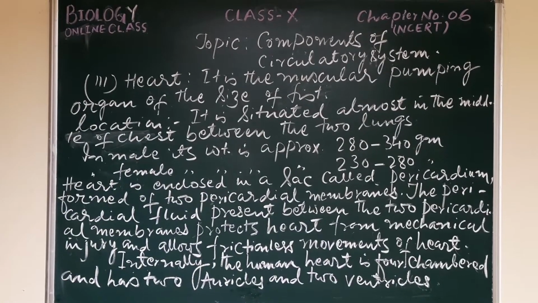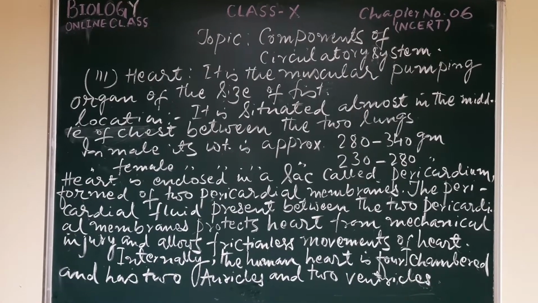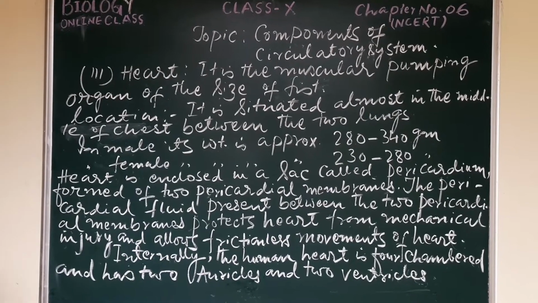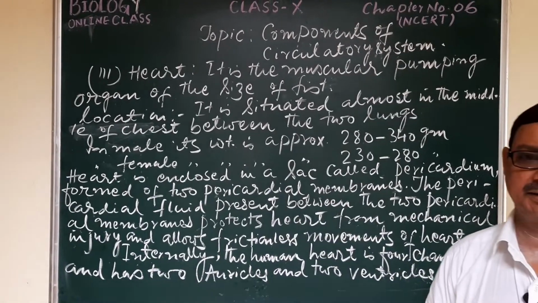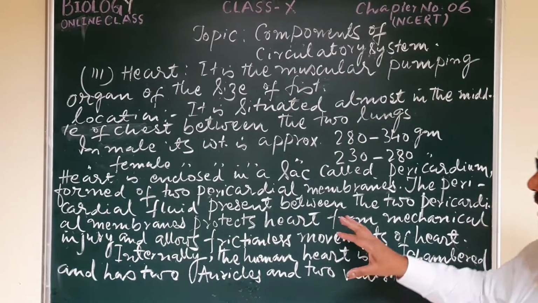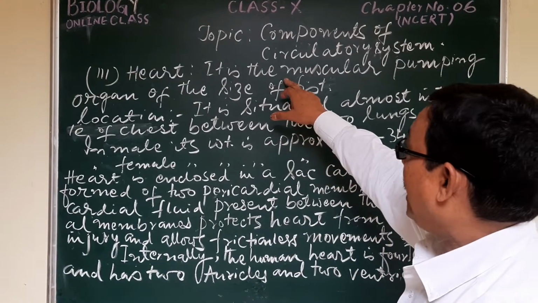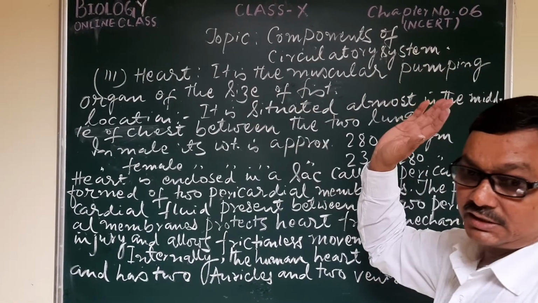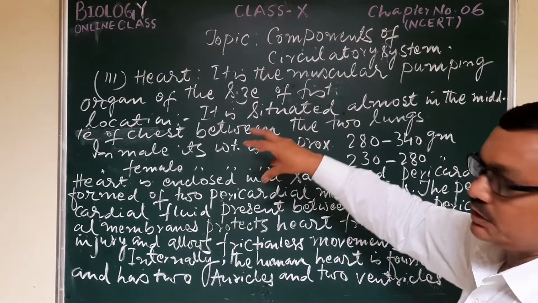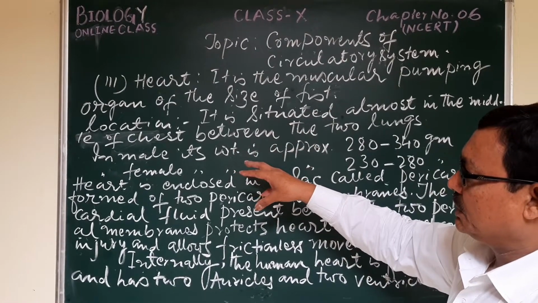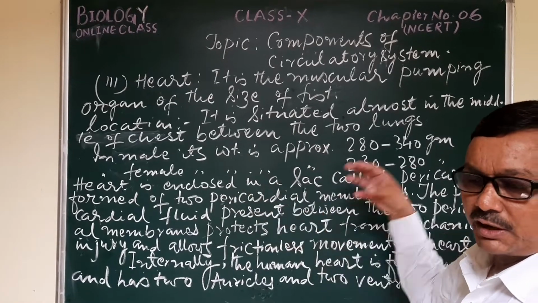We have so far known the components. Why? Because we require to know how the blood will circulate through the heart. That is why it is essential to know what will circulate. Blood will circulate. How will it circulate? Through the different vessels.